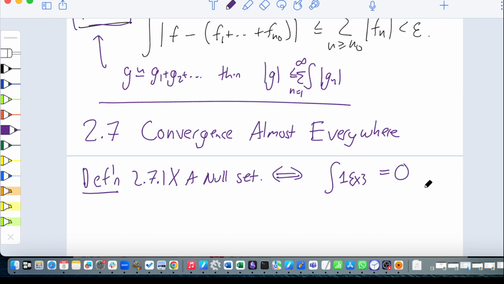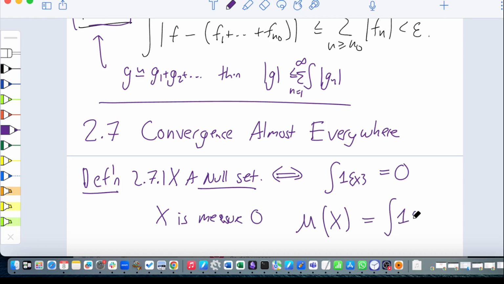Just to clarify, a null set is a set with measure 0. So if I have a measure, the set is a null set with respect to the measure if the measure of the set is 0. Yes, right. These are sometimes called measure 0 sets. The measure of a set x is the integral of x.